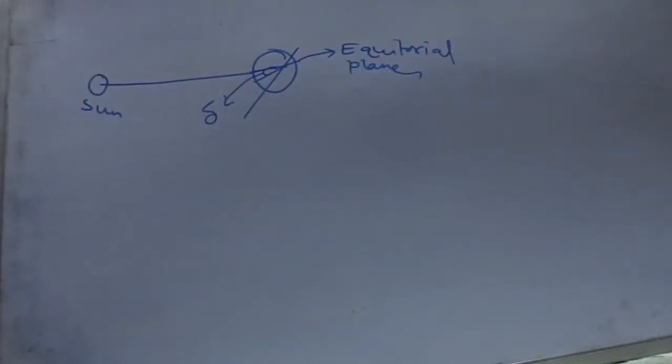So that is the equatorial plane. This angle is represented by delta.